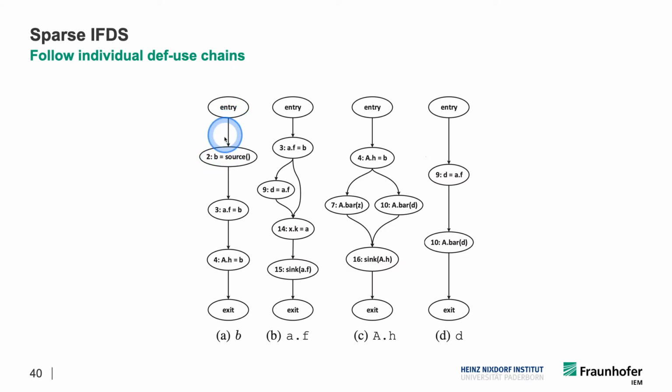So you create this diffuse chain for B. You then uncover that B is being assigned to these two expressions, to a.f and a.h. So you then create new diffuse chains for a.f and for a.h. Okay, and then you do this again for everything that's needed, and then in the end you have your complete diffuse chains here.